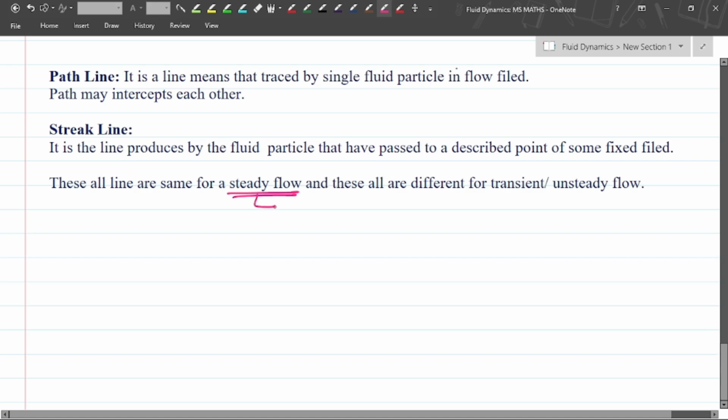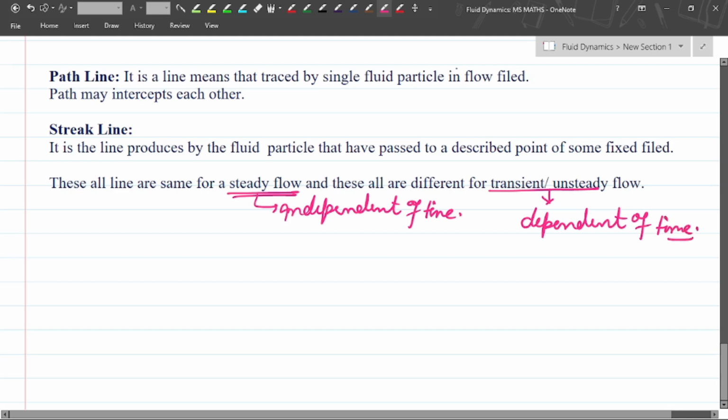Steady flow means independent of time, and these are all different in transient or unsteady flow, which is dependent on time.